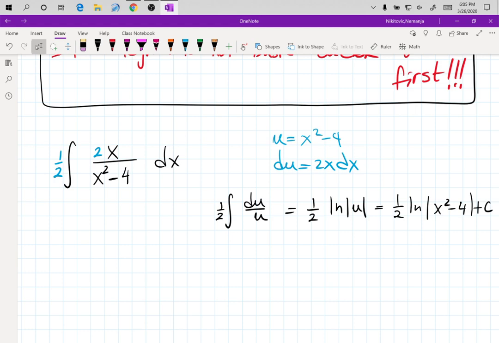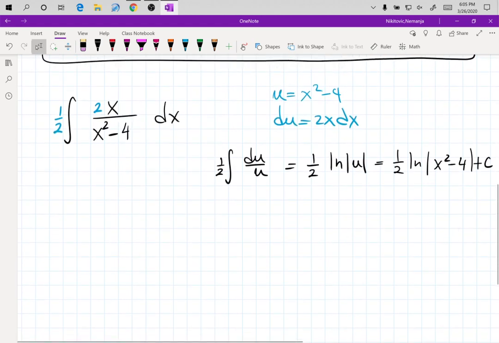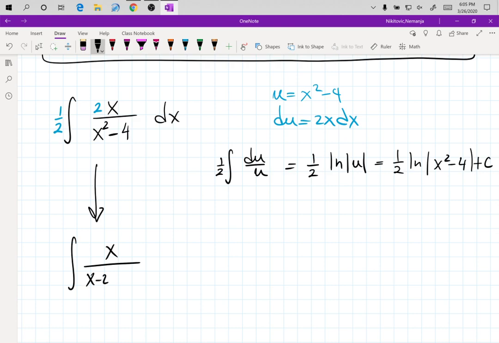Now, let's say you like pain and you are really defiant. Well, you can clearly do partial fraction decomposition, because this integral can be factored, and now you can do partial fraction decomposition on the same problem.